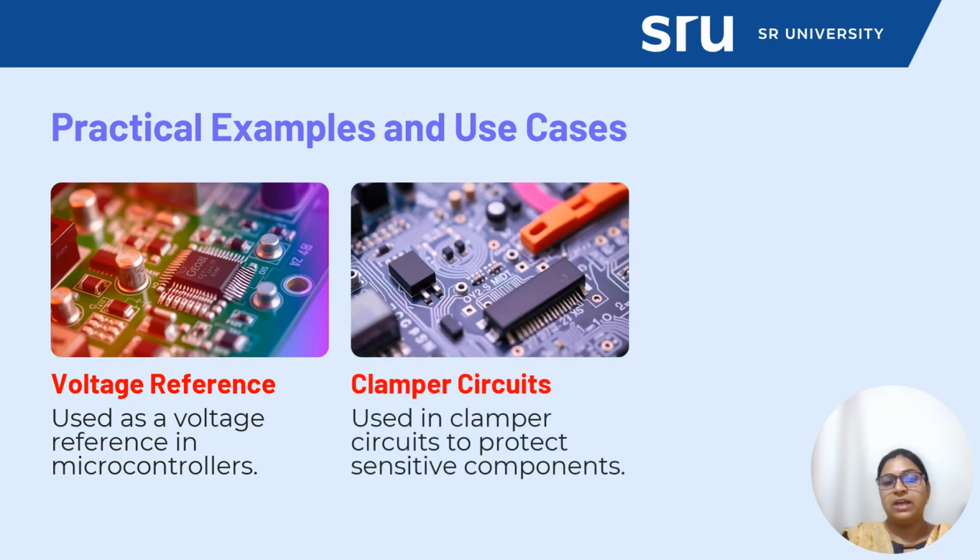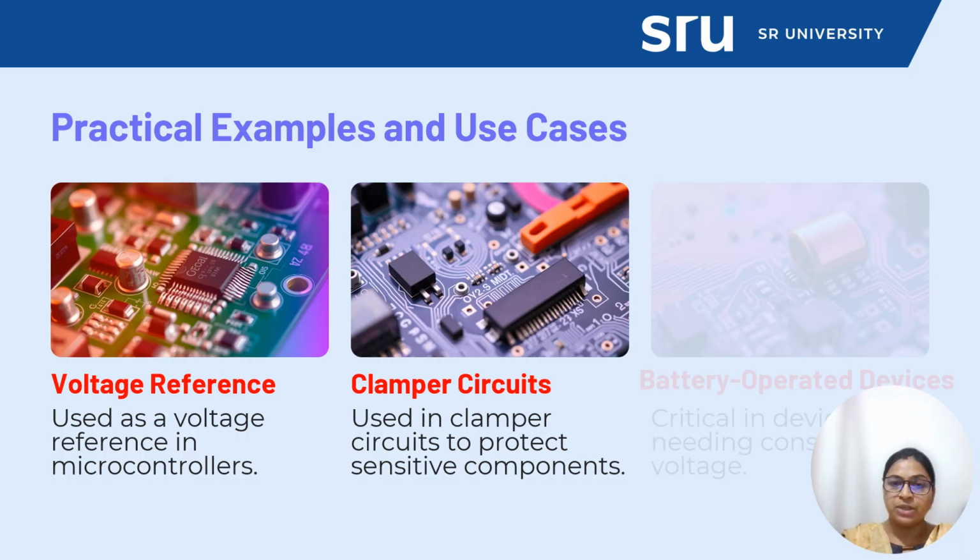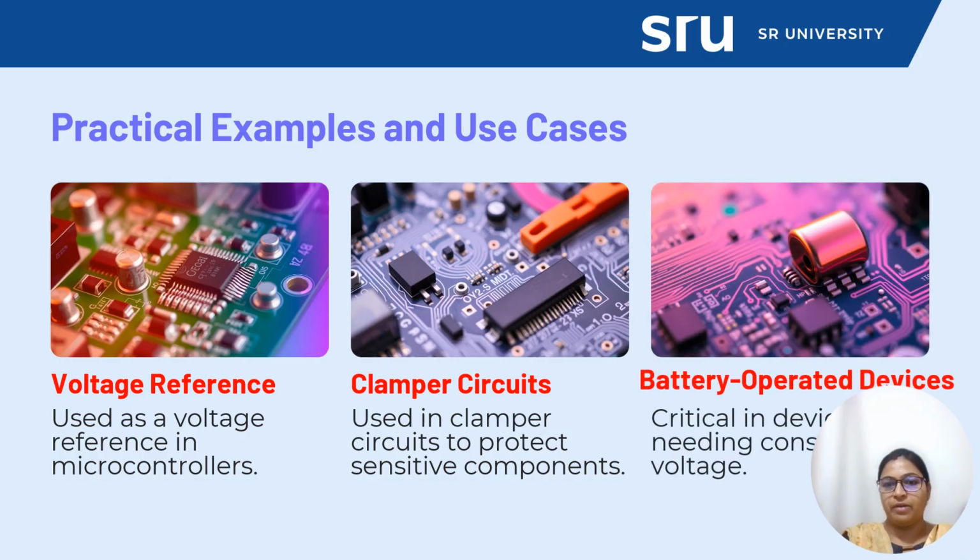It is also used in clamper circuits to protect sensitive components. And most importantly, it is used in battery operated devices, critically in devices that need a constant output voltage. These are very important practical examples where we use Zener diodes.